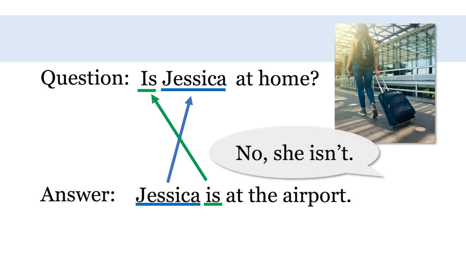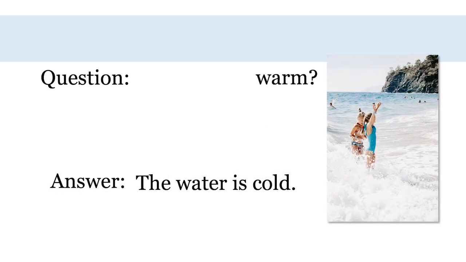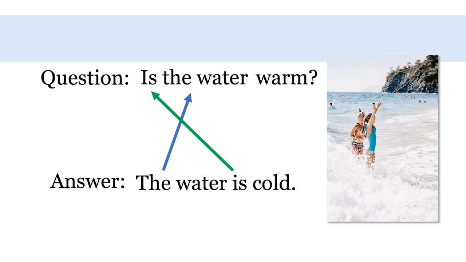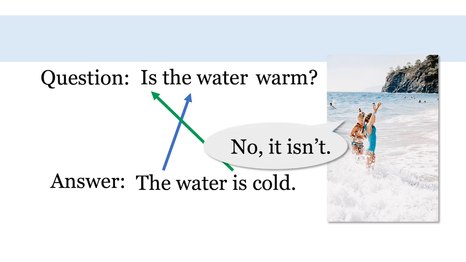Jessica is at the airport. Here's another. What is the question? The answer is, the water is cold. And we want to reverse the order. Is the water warm? No, it isn't. The water is cold.